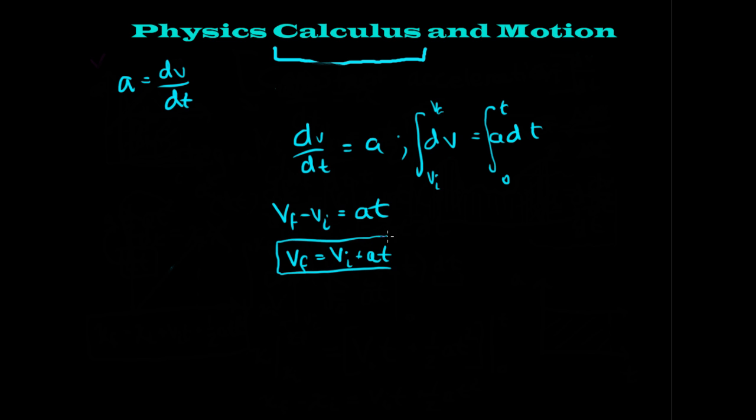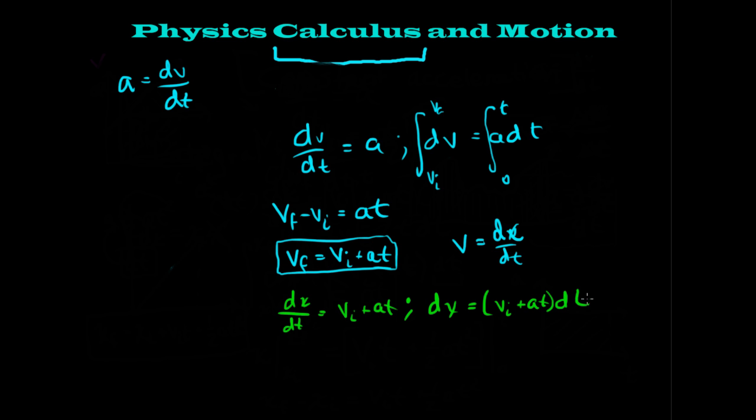First one. I know that V is equal to dx, change in position over change in time. So let's do it again. I'll substitute that value in here for Vf. I get dx dt is equal to Vi plus At. So move the dt over. I get dx is equal to Vi plus At dt.